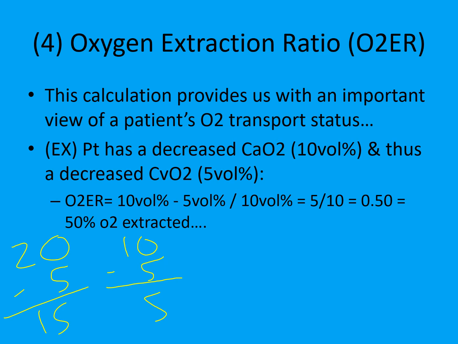You took out half of what your bank account was compared to what it was before. That's what you're looking at here. If your CaO2 is low and your CvO2 is low and your extraction is normal, your extraction ratio is going to be increased because you started with a lower value.